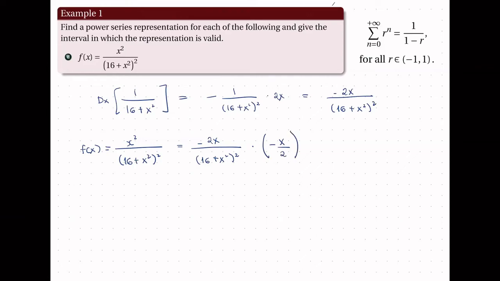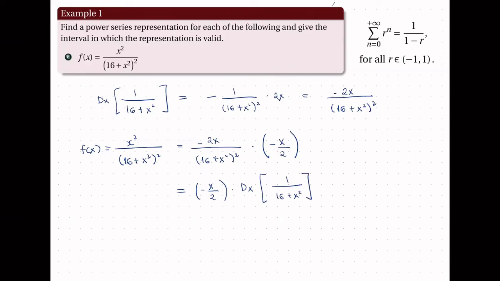Okay? And then, etong term na ito, itong factor na ito, pwede natin siyang isulat as the derivative of 1 over 16 plus x squared. Okay? So, i-rearrange ko lang para hindi confusing. So, we have negative x over 2 times the derivative with respect to x of 1 over 16 plus x squared.